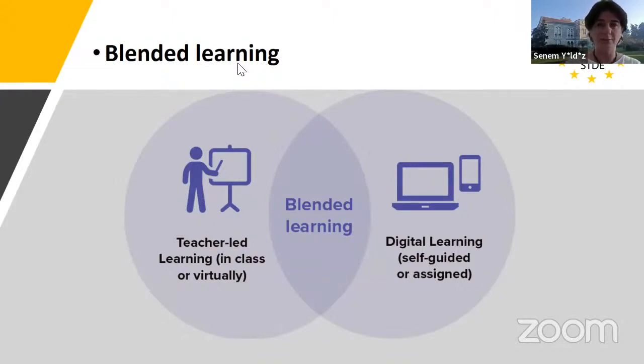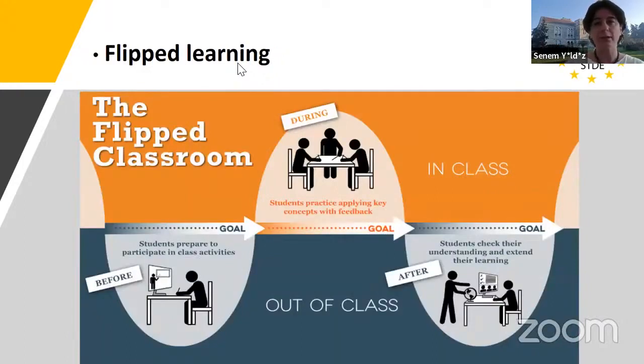Flipped classroom is where students are exposed to learning materials outside of the classroom, but then they come to class and they do hands-on activities under the guidance of the teacher. So more core issues are carried out in the classroom, where students need the guidance of the teachers and the peer support.